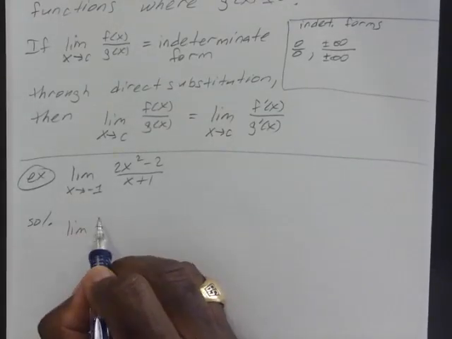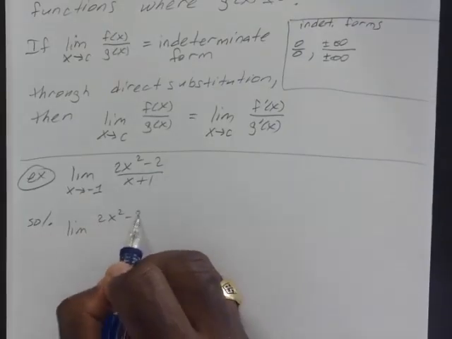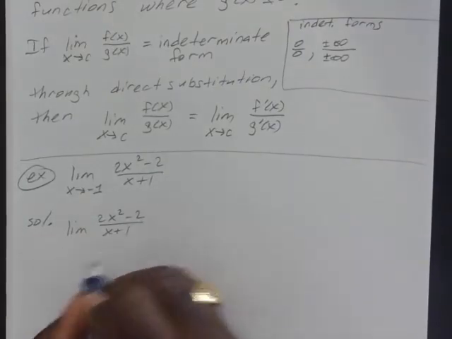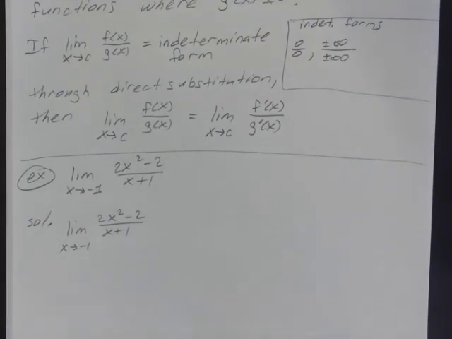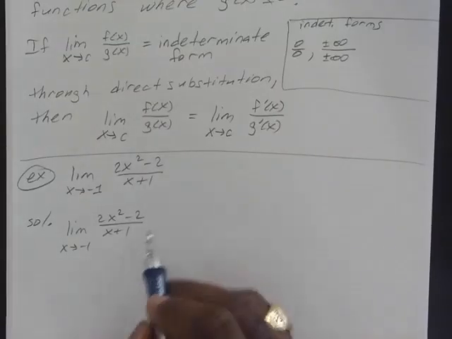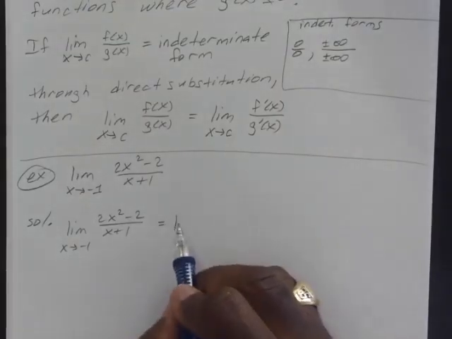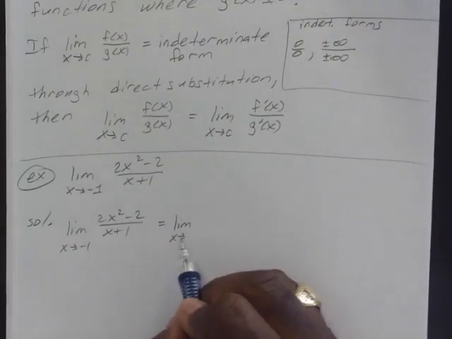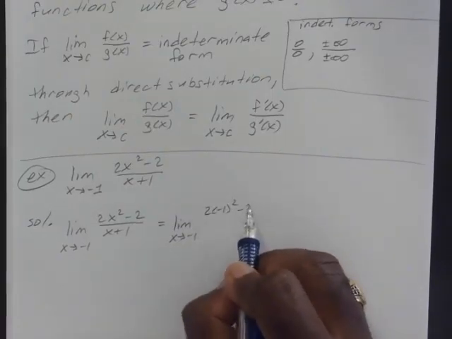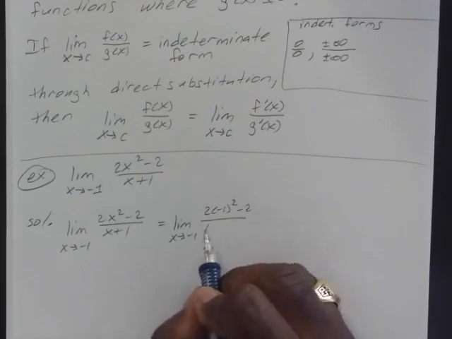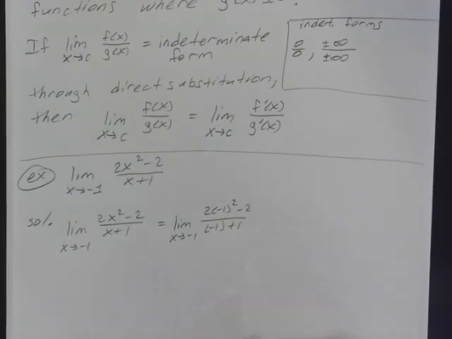So if we take the limit of 2x squared minus 2 over x plus 1 as x approaches -1, we use direct substitution. That's 2 times -1 squared minus 2 divided by -1 plus 1.